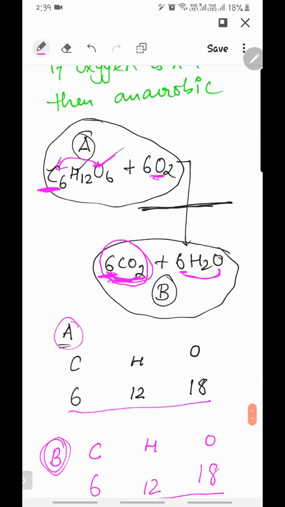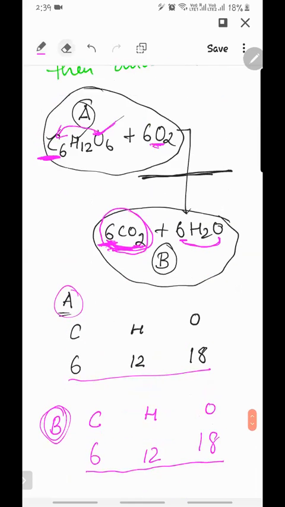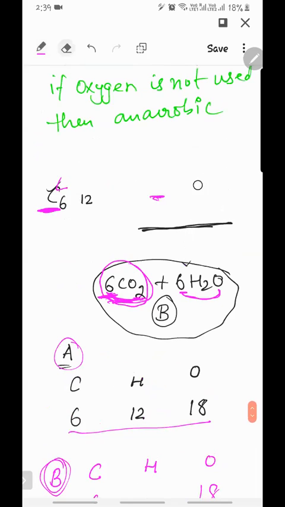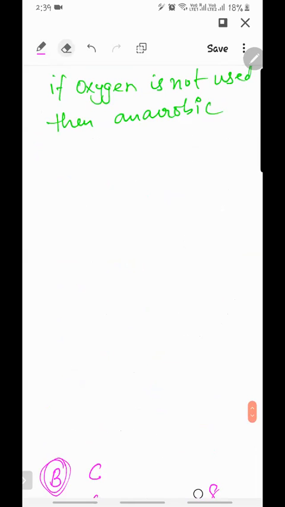If it is not balanced, the equation is wrong, and the reaction will not take place. Understood? So this is chemistry. You learn it in chemistry.